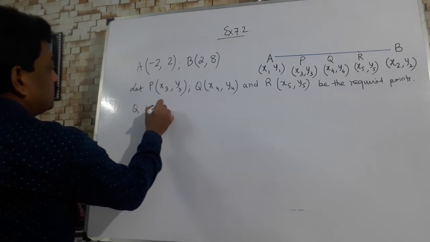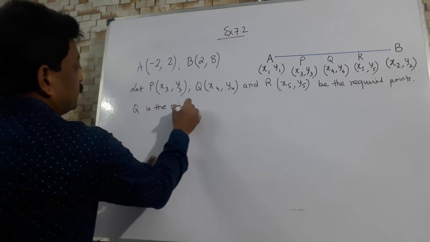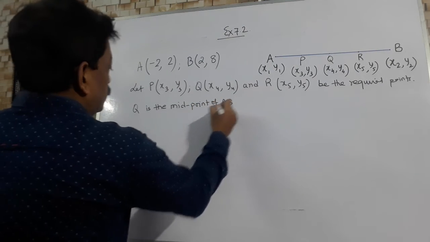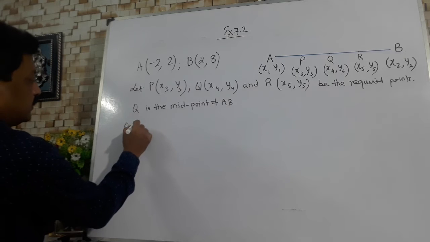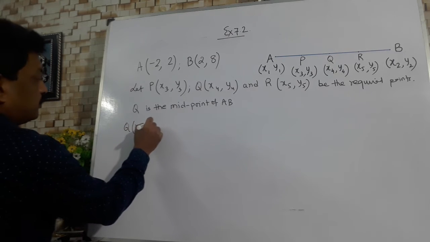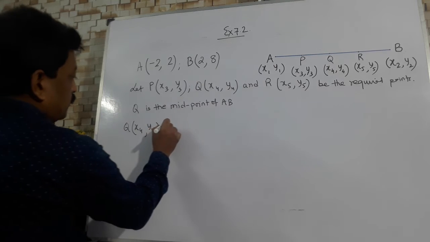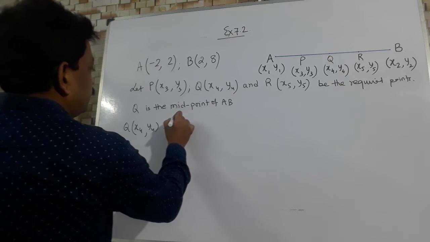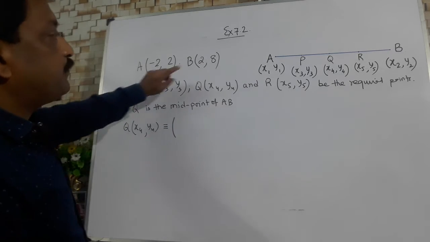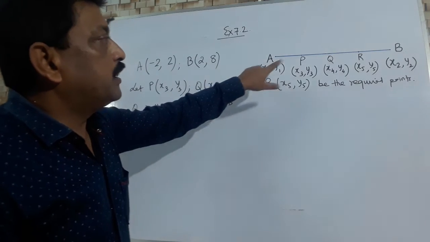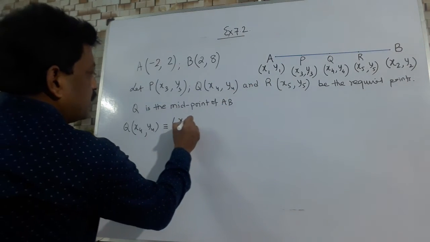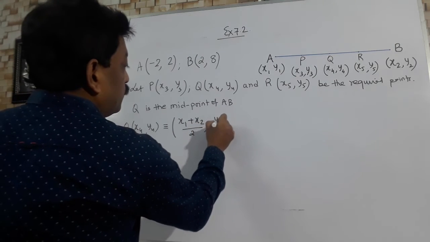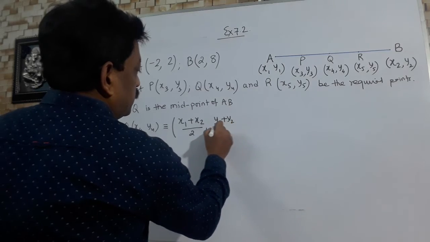Q is the midpoint of AB. So the coordinates of Q, that is x4, y4, is the midpoint of A and B, so it will be (x1 plus x2) upon 2 and (y1 plus y2) upon 2.